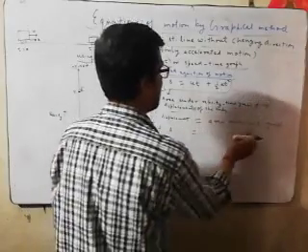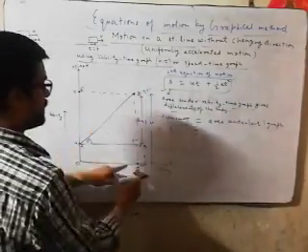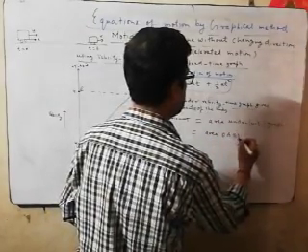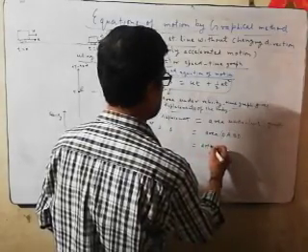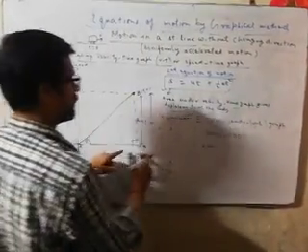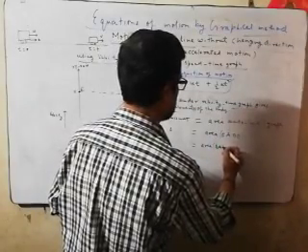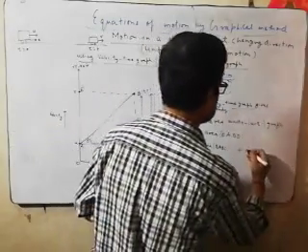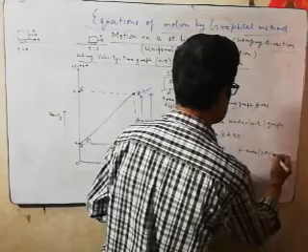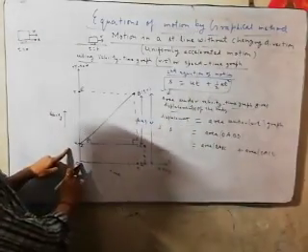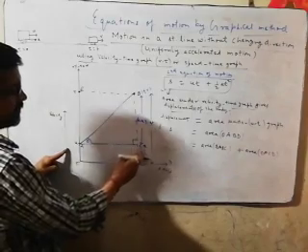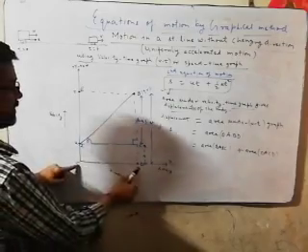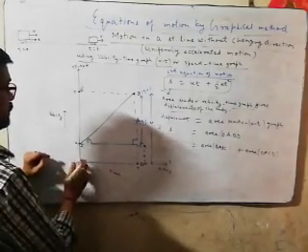Displacement is S, and the area under the graph means OABD. Area OABD is the area of triangle ABC plus area OACD. OACD is a rectangle, so the rectangle area will be length into breadth.